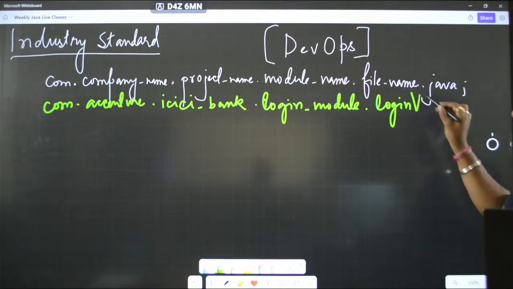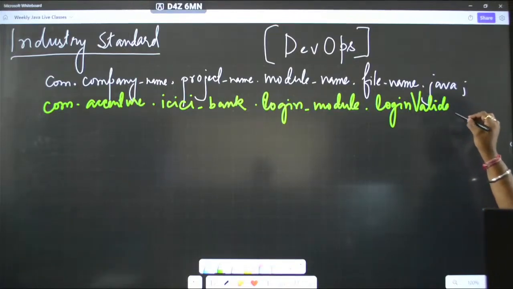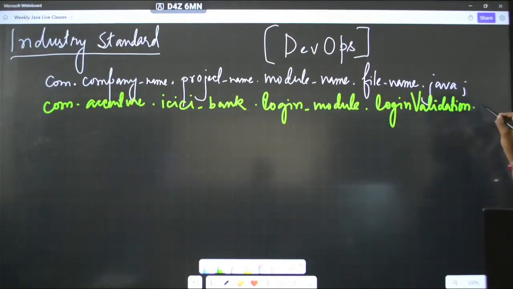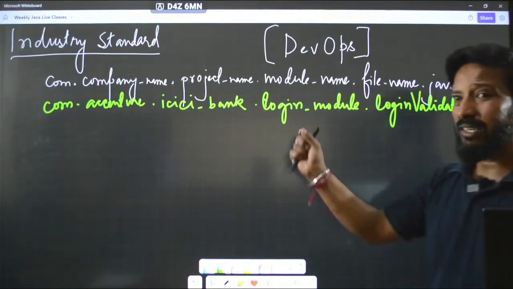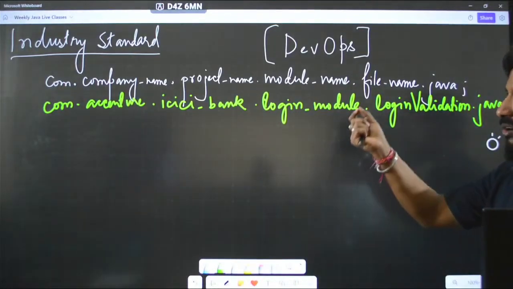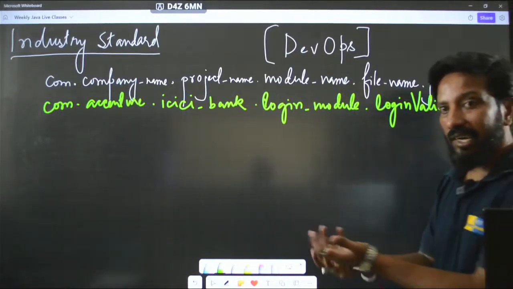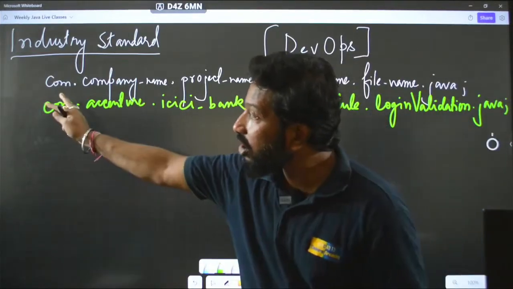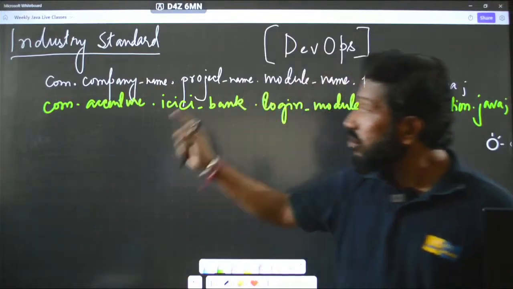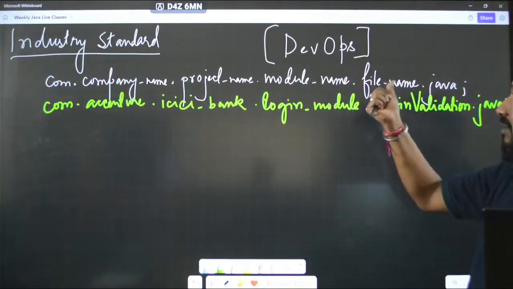I will say login validation dot Java. So guys, this is the proper syntax of writing a package in Java. Let me repeat it once again: it is com dot company name dot project name dot module name dot file name dot Java.